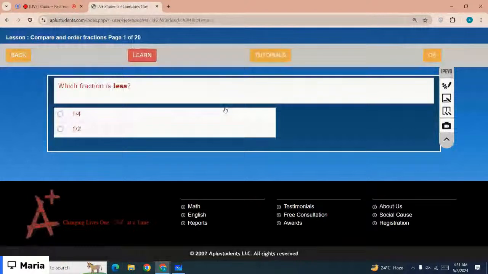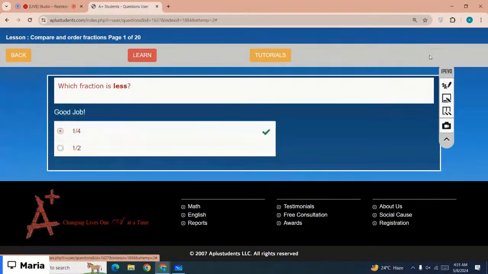Which fraction is less? 1 by 2, 1 by 4. Which is the correct option? One over 4 is less. Which fraction is greater?